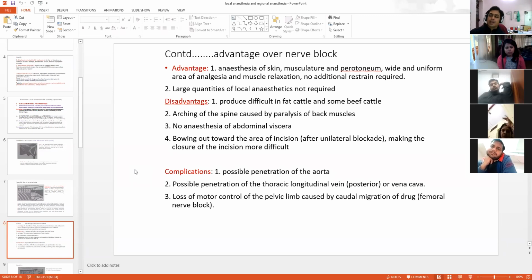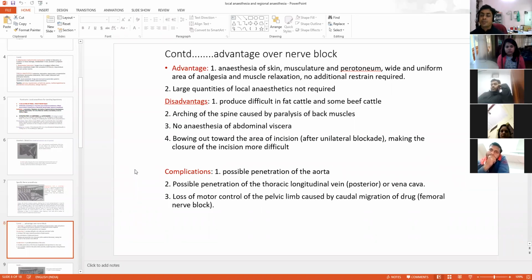But here you are going to block a nerve of that particular region, so you will get some muscle relaxation. A large quantity of local anesthetic is not required, because 10 to 15 ml is enough here. You are going to block a specific nerve, not infiltrate the local anesthetic over a larger area.